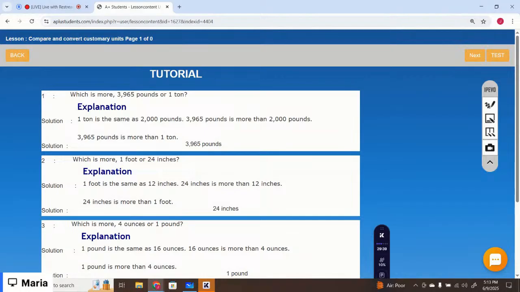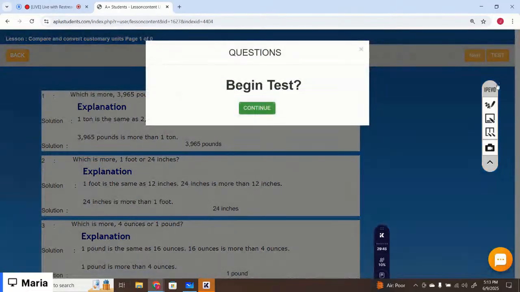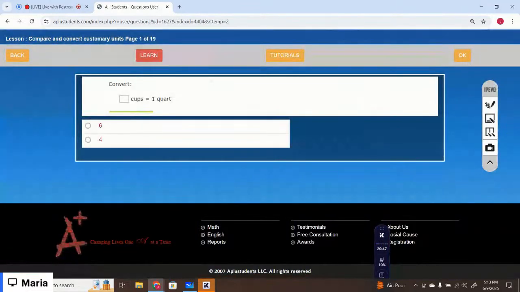Twenty-four inches is more than 1/4 yard because 1/4 yard is same as 12 inches. Let's just start with the test questions.